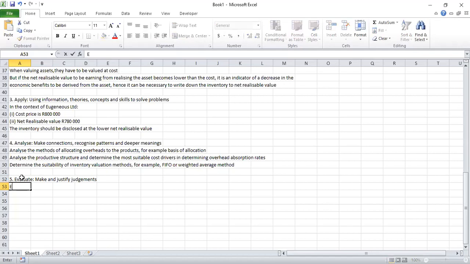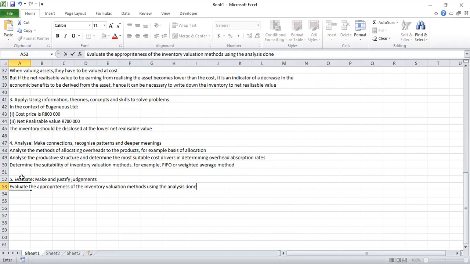Then you evaluate the appropriateness of the inventory valuation method. Using what? The analysis done.